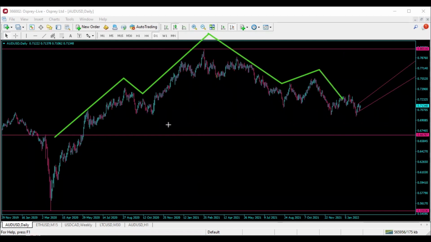See how there's a left shoulder and the right shoulder.